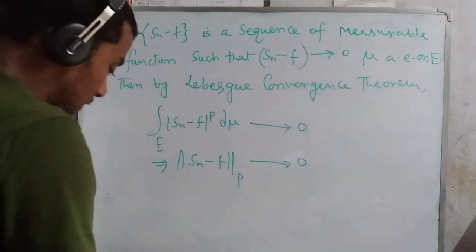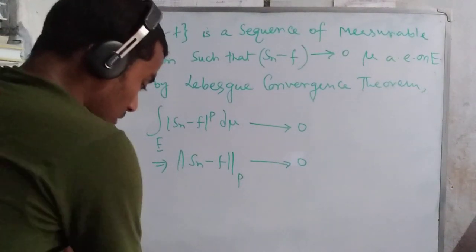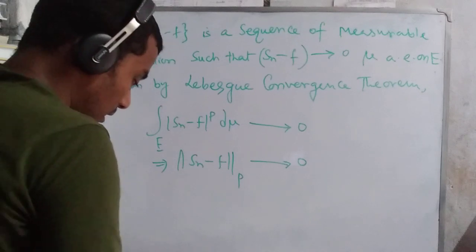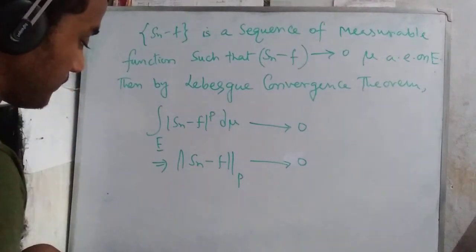Thus the absolutely convergent series summation f_n converges to f.